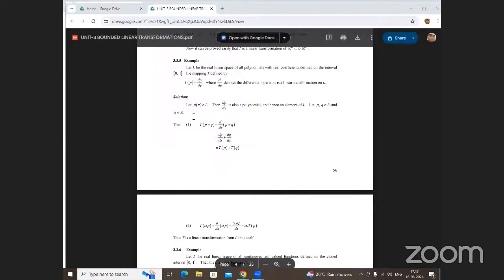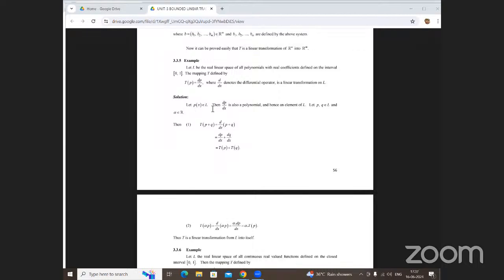At the same time, Q(x) also belongs to L. Simply, we write P and Q for P(x) and Q(x). Both elements are in L, which is the domain. T(P + Q) equals, by the definition of d/dx, what is the definition? See this one.